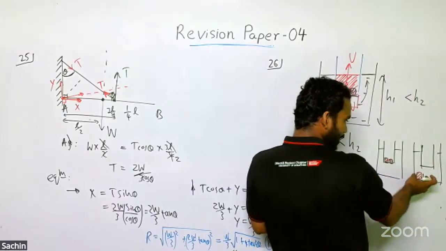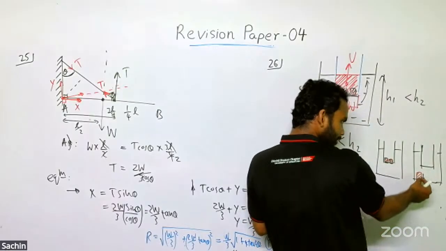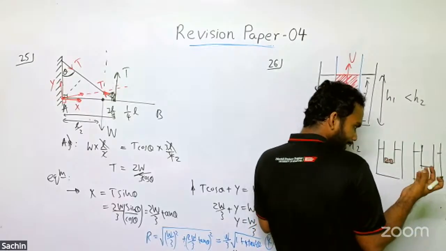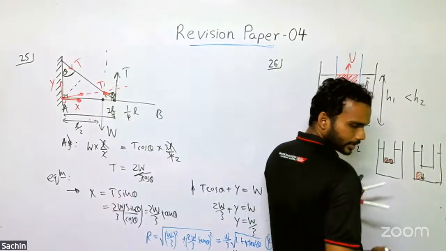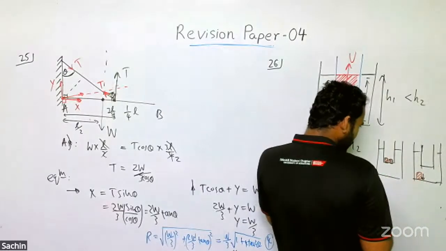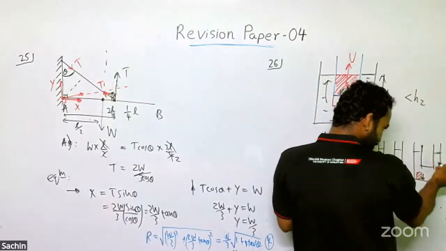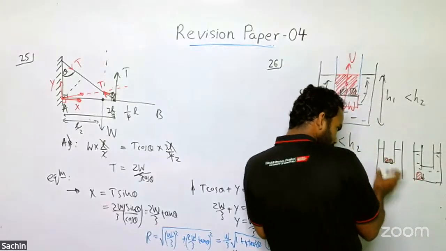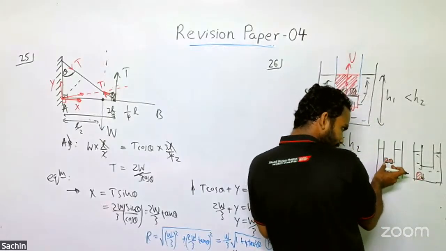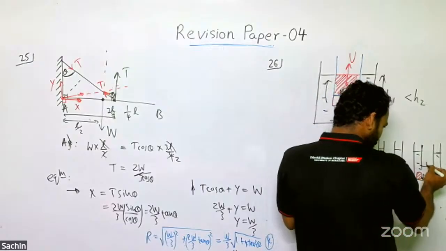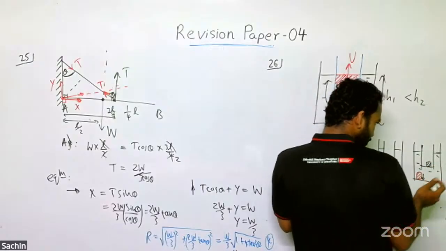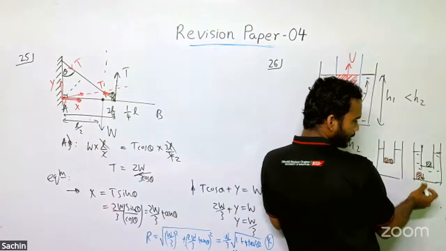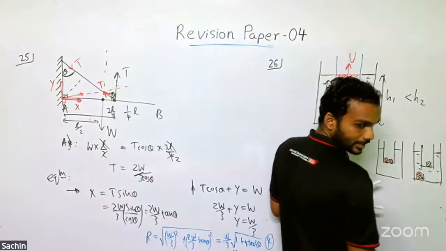So in this case, this does not displace enough liquid to float it up. Initially the liquid was displaced to float both these objects. But in this case, the liquid is not displaced to float this one. That means the displaced liquid should be something less.